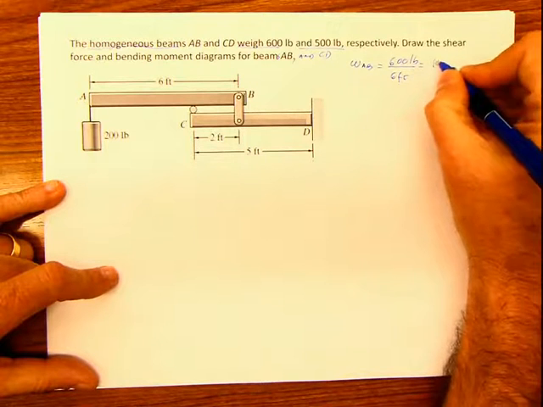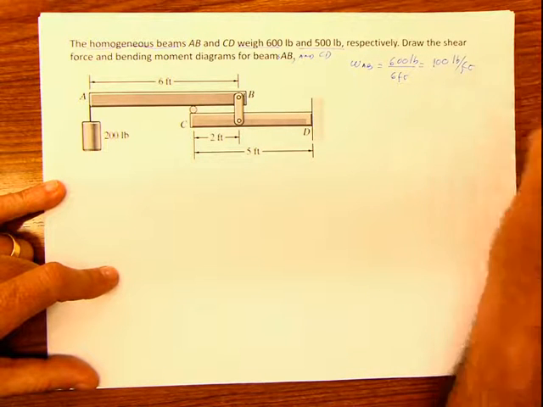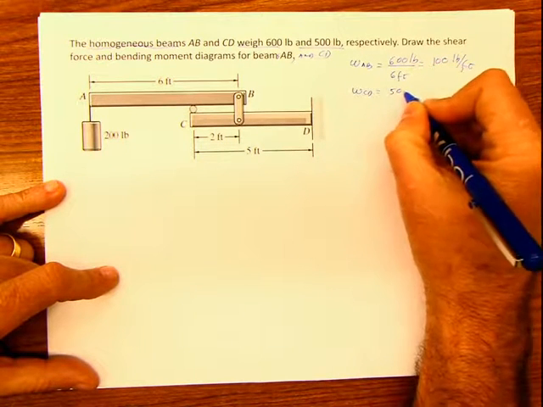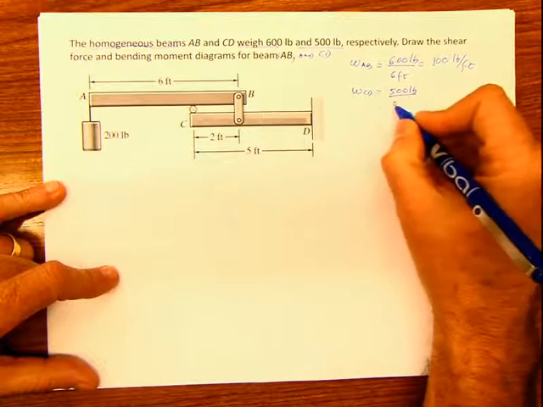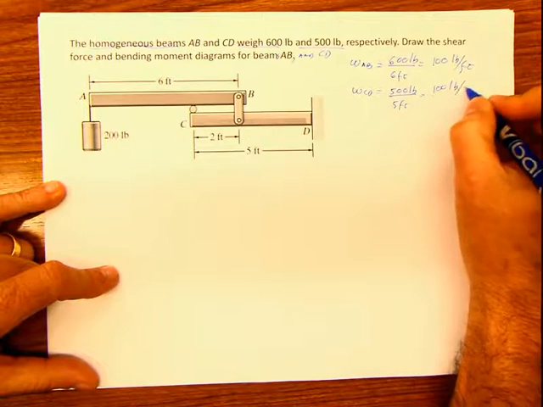The result is 100 pounds per foot for AB. I do the same thing for CD, which is 500 pounds divided by 5 feet, and then you also have 100 pounds per foot.